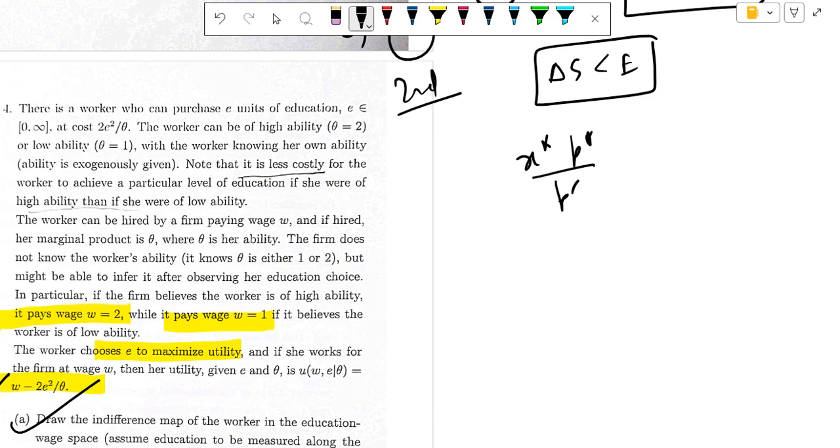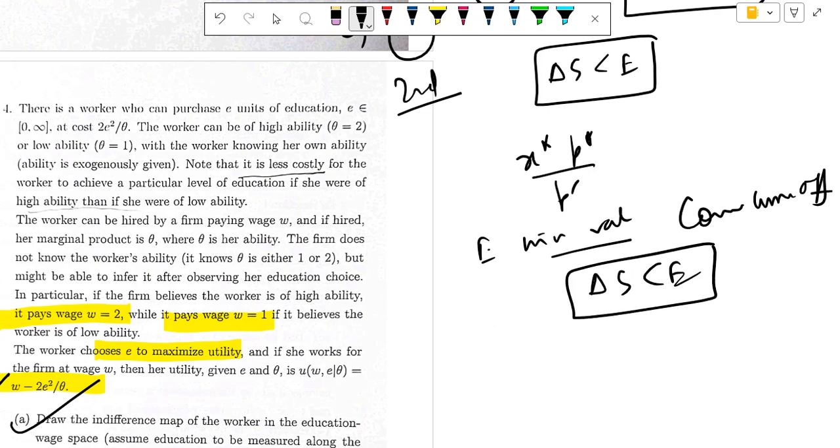Delta S represents the increase in the consumer surplus resulting from the fee reduction, and E represents the minimum value, that is, not to make the consumer worse off. Okay, so we can see that delta S is less than E as well.